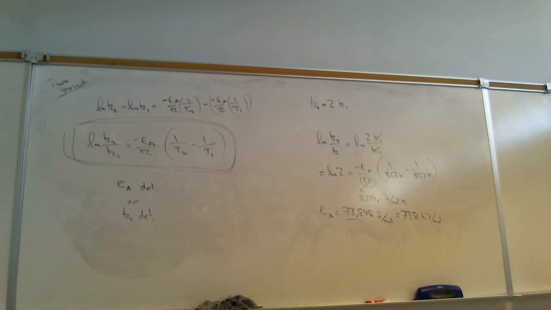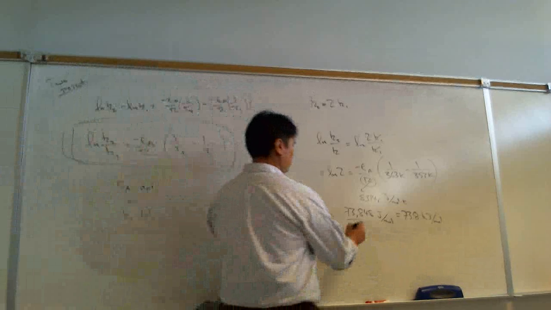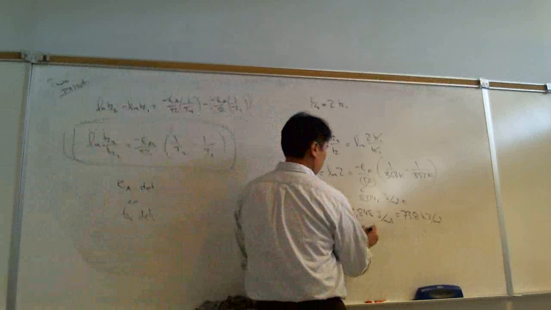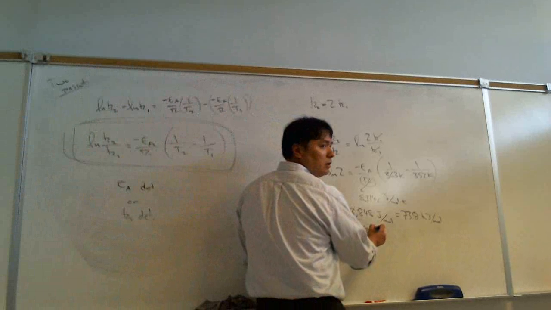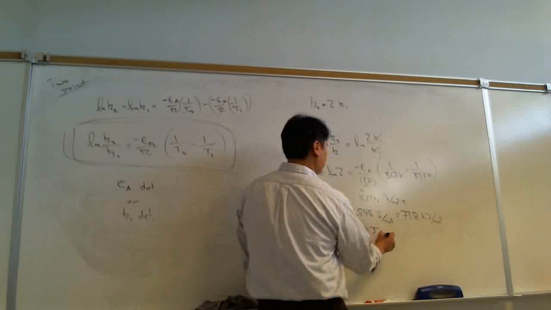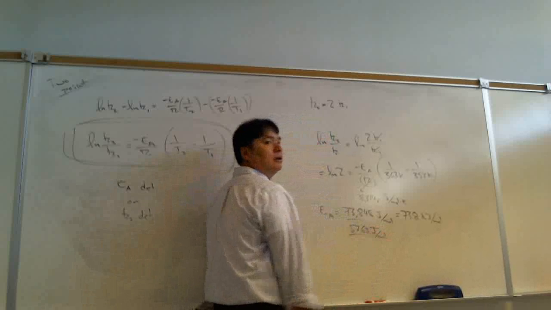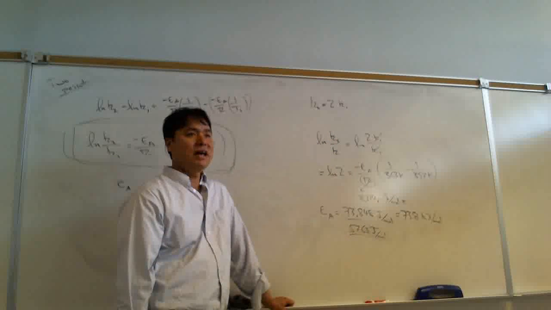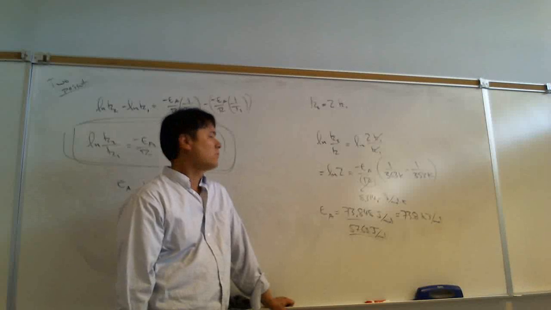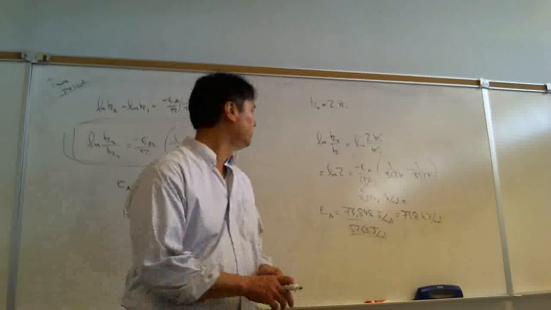Someone got 57,663. Joules or kilojoules? Joules. You got 73,000? We got 57. Okay.